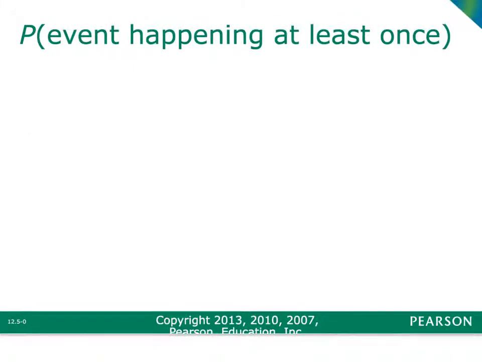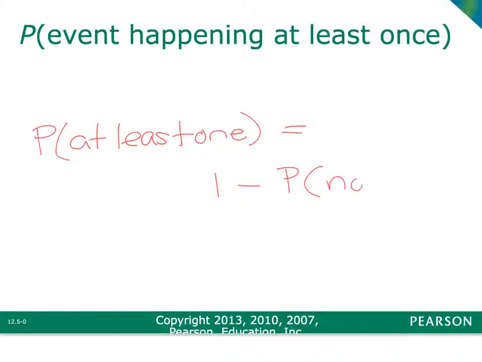Now, there is a special rule that we could have used for that last problem. So when they do the wording like the probability of at least one event happening, there is a little formula that you can use. The probability of at least one can be found by taking 1 minus the probability that none occur. So you can kind of think of it as a complement.